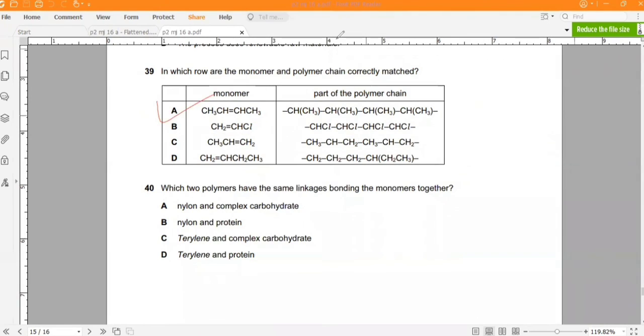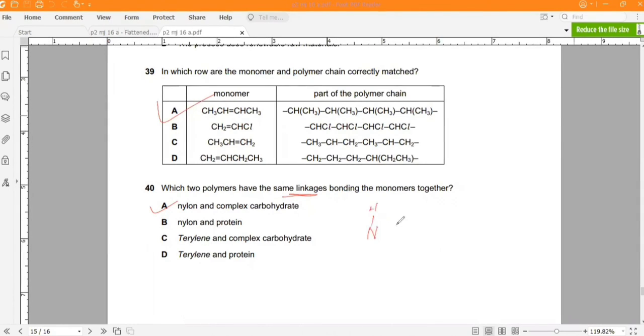The last question is about which two polymers have the same linkage bonding the monomers together. So you have to find the same linkage. First, nylon and complex carbohydrate. Nylon will have an amide linkage. Amide linkage means NHCO, or CONH also.